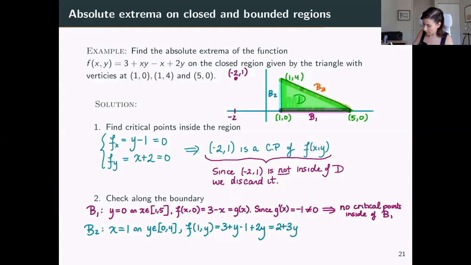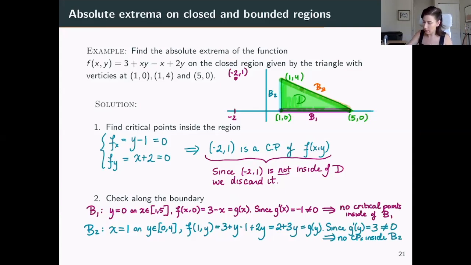And in the same way, we can think of this as a function g of y. Since our g prime of y is equal to 3, which again is never going to be equal to 0, this means again that we have no critical points inside of our boundary B sub 2. We've done B1, we've done B2.